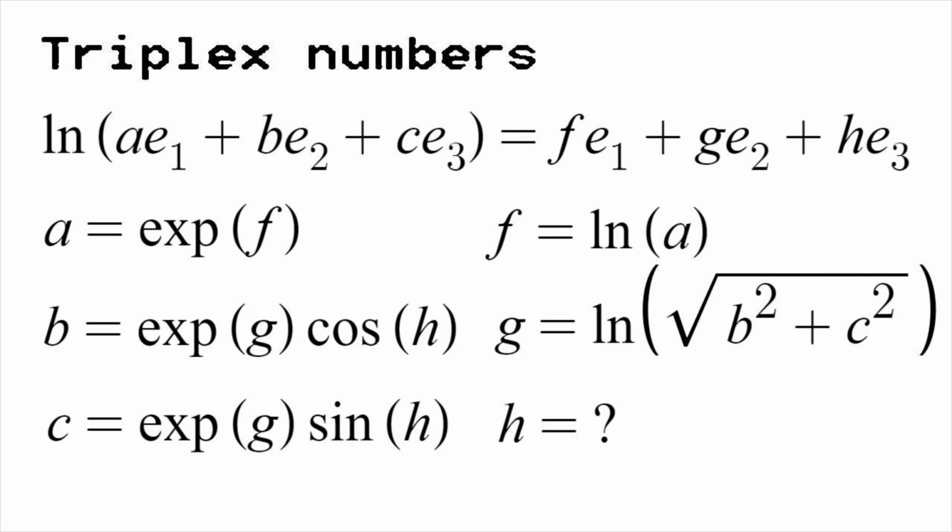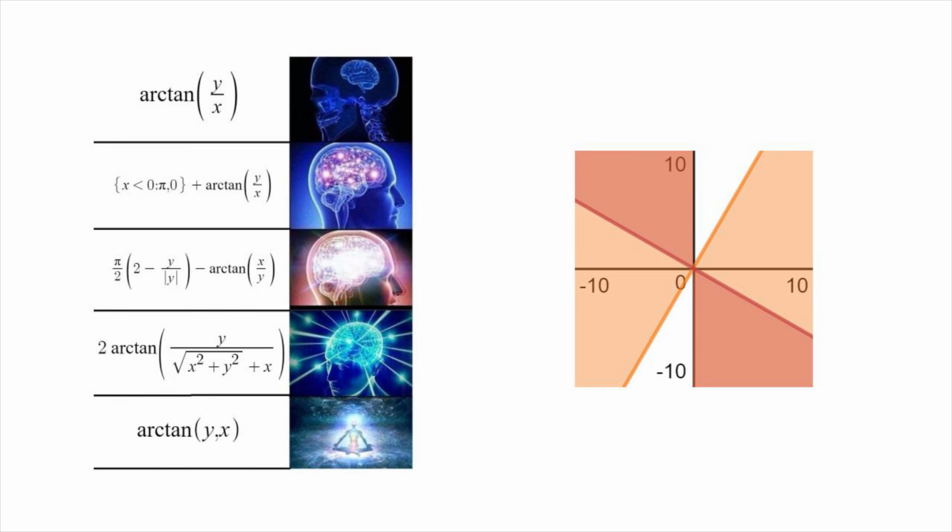Finally, for h, consider that c over b must equal sine h over cosine h, which is just tan h. To invert this, we'll say that h is the arctangent of c over b, though there are some problems with this expression that deserve their own video.